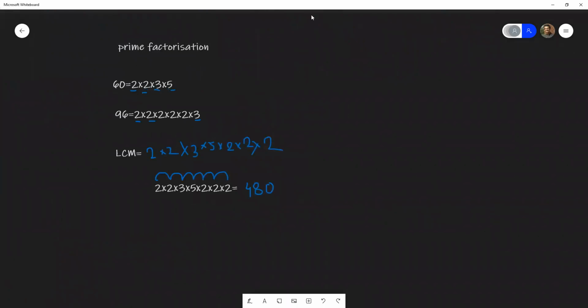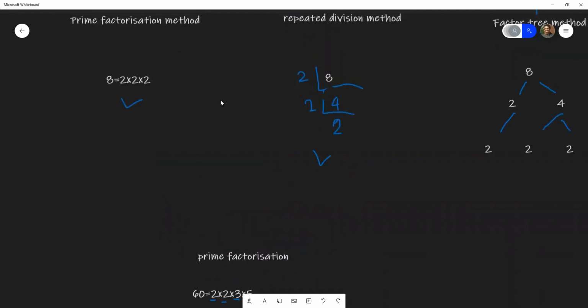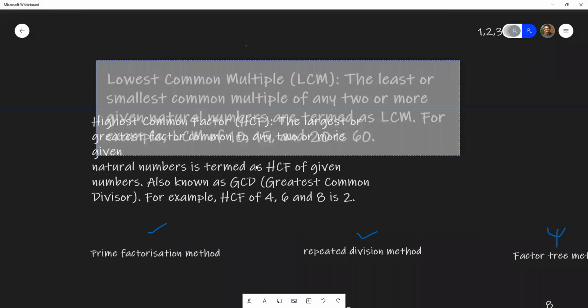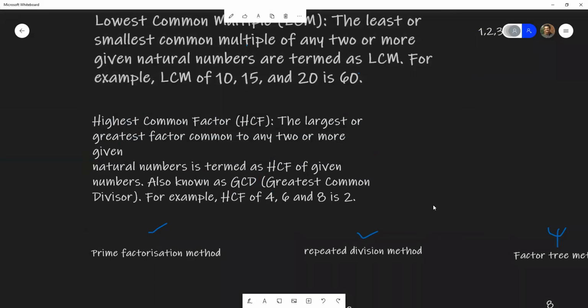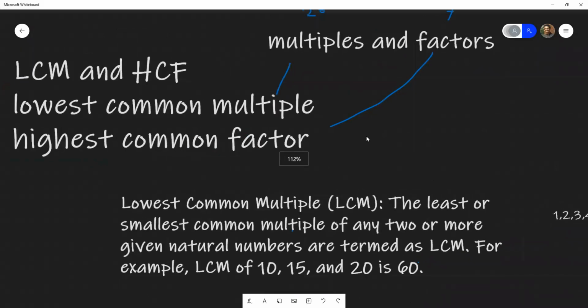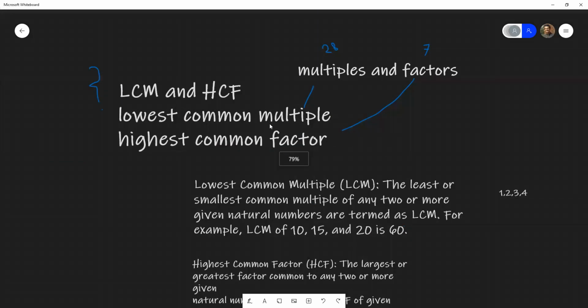Can you say again what's the difference between HCF and LCM? The difference between LCM and HCF is we get the smaller number from HCF, but the larger number from LCM. Let me give you another example again. 28 is the multiple, which is somehow related to LCM, and we get the factors of 28, which are 7 and 4.